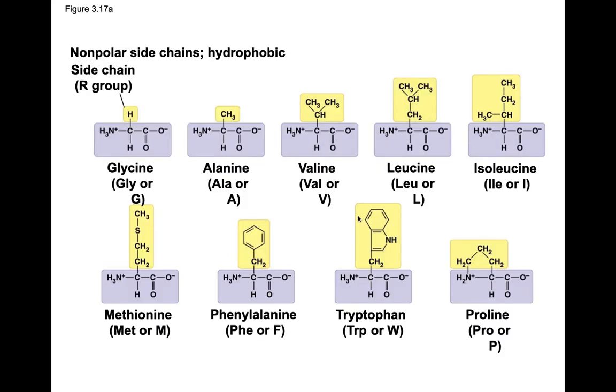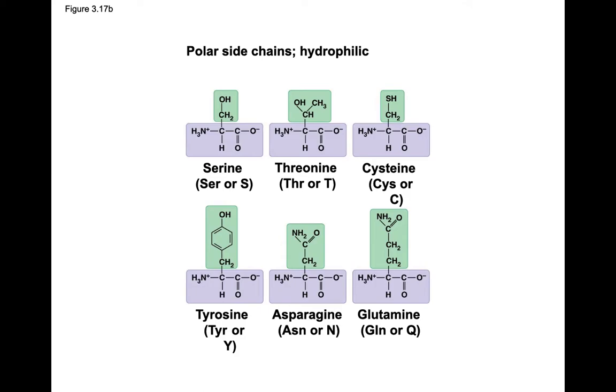Now, when it comes to amino acids, we have four flavors, so to speak. The first would be hydrophobic or water-fearing amino acids based on their R groups. Notice that all of these have pretty non-polar molecules, lots of carbons with hydrogens, not a lot of oxygens in these R groups, so they're going to be water-fearing. Alternatively, we have hydrophilic or water-loving R groups.